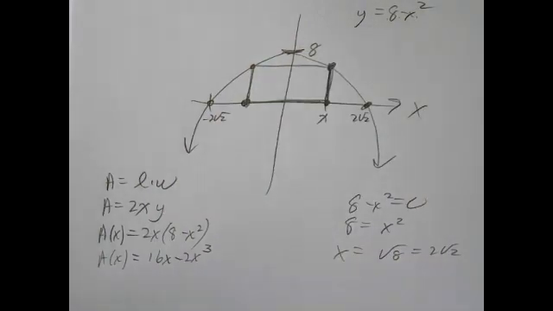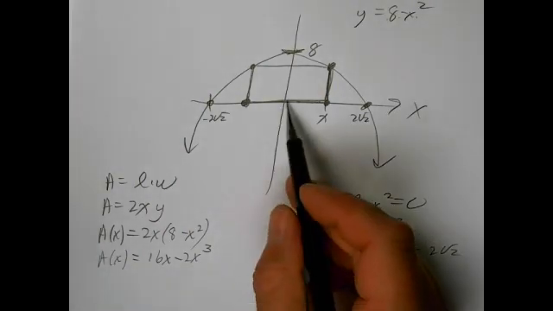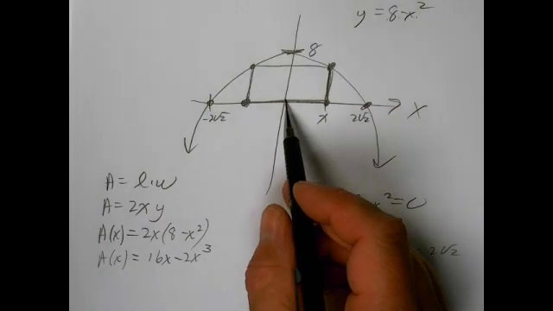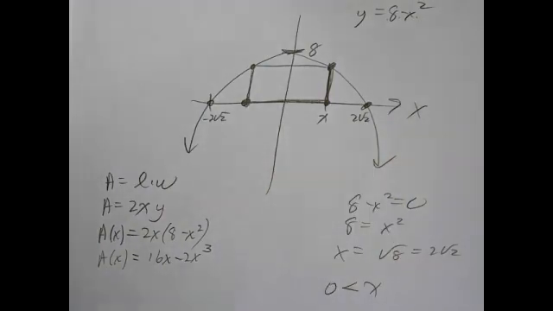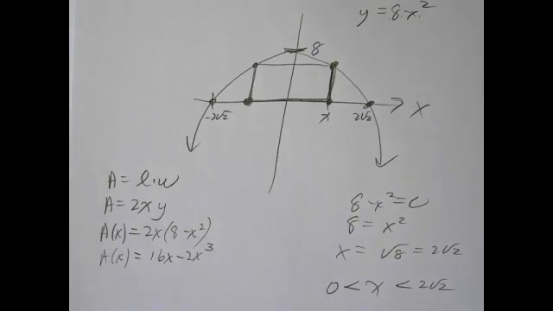So as far as limitations of x are concerned, first of all, x needs to be greater than 0. If x equals 0, the rectangle just went flat and has no area. And our goal is to maximize the area, so we don't want it going flat and having a 0 area. Also, x needs to stay below 2 square roots of 2 because it'll go flat again if x goes out to 2 square roots of 2.